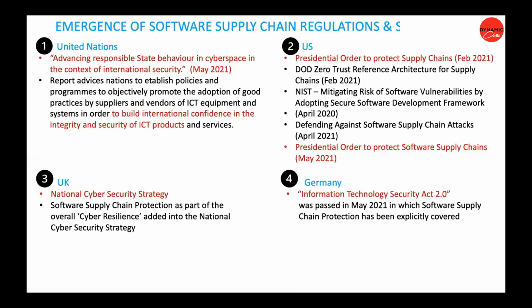The UK has come out with its own measures. They've added software supply chain protection as part of their national cybersecurity strategy. Germany has come out with its own in May 21. India, right, is now contemplating pretty seriously because we have been hit. Air India was completely trounced by a software supply chain attack when SITA got hit. Air India's internal networks got completely compromised, right?